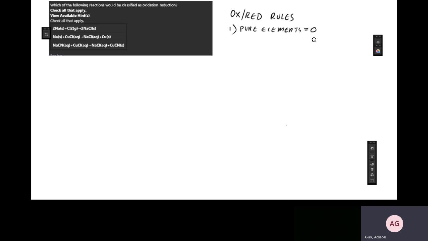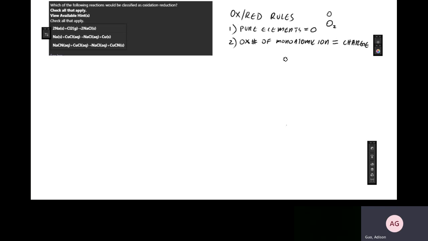Next, we'll say that the oxidation number of a monoatomic ion is going to be equal to its charge. So this means that, I'll just put an example, for O2, this would have an oxidation state of 0. And then that's for that first rule.